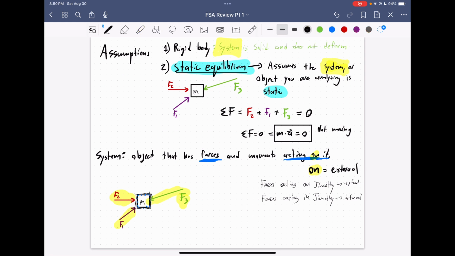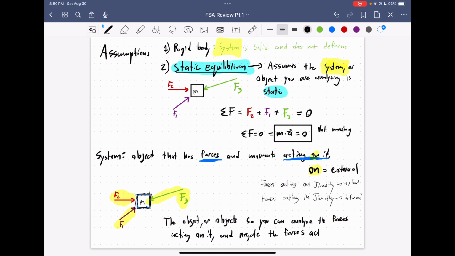So the object or objects, so you can analyze the forces acting on it and negate the forces acting within it.